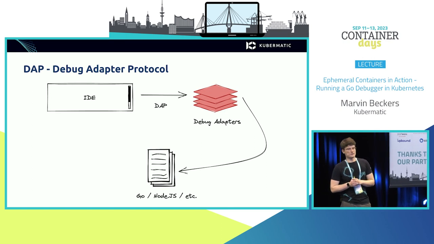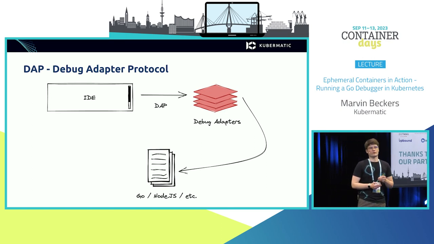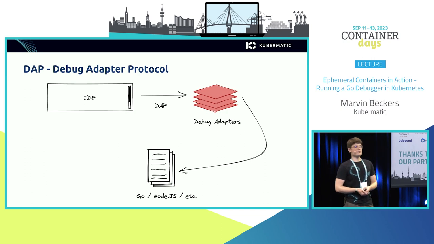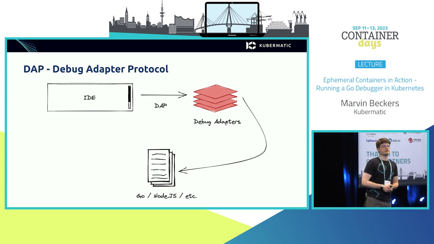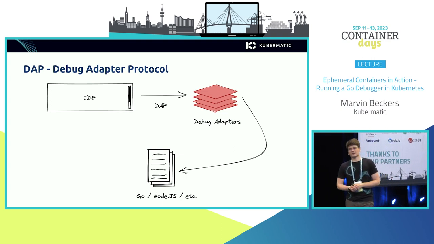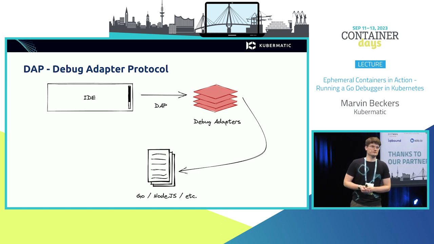You have a bunch of debuggers. In our example it's Delve, but if you work with other languages, you might be using a different debugger, for example a debugger for Node.js, or maybe you're debugging a C application. Maybe they implement remote debugging, but maybe they have their own protocols.